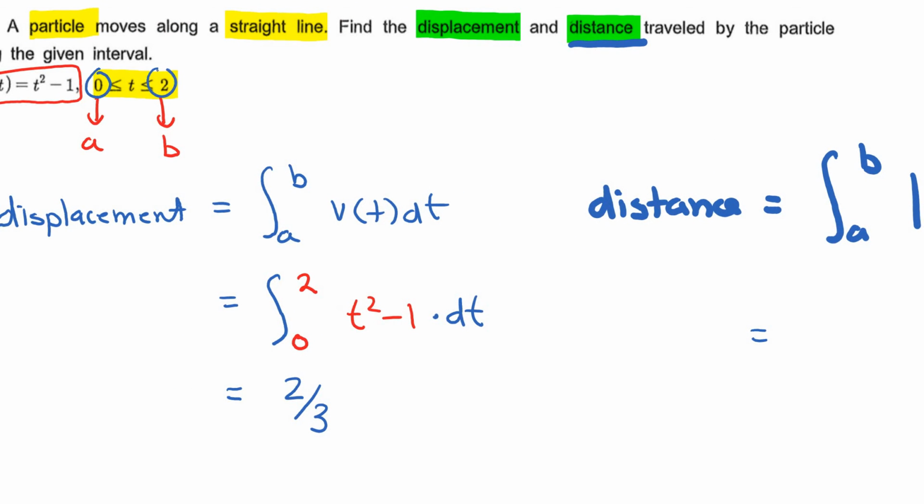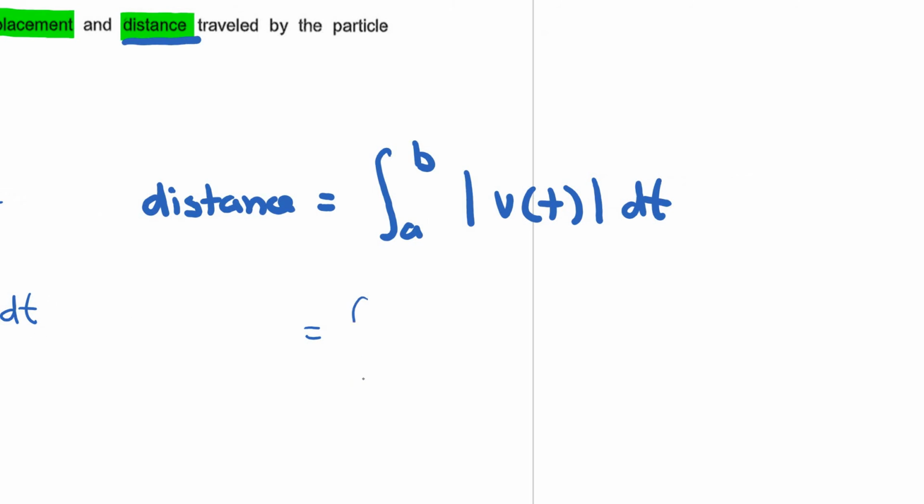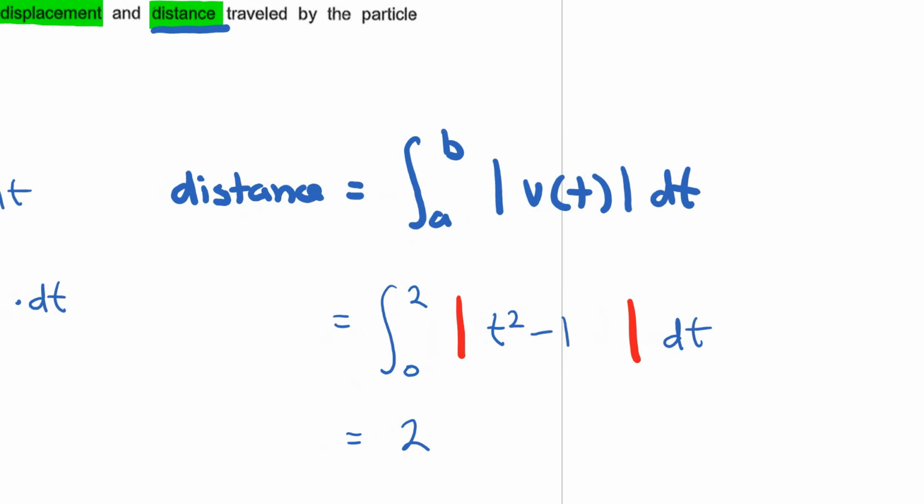So I would write in my lower bound, my upper bound, and the absolute value here. My function is t squared minus 1, and this is in terms of t, so dt. Then go to your graphing calculator, and you should get a final answer of 2. That's it for that first question.